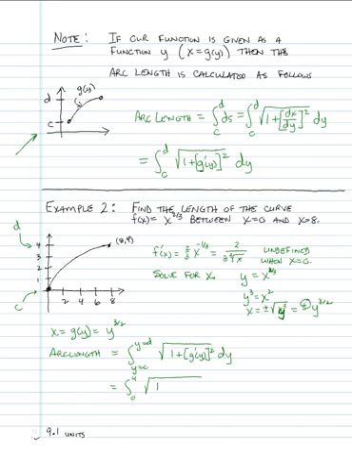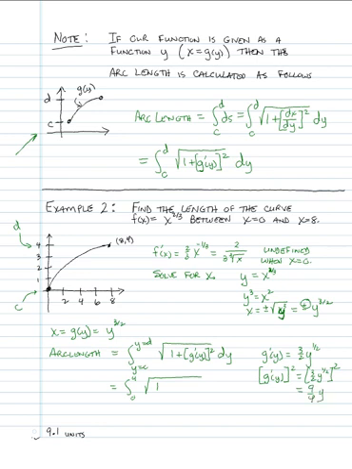Well, g prime of y is equal to 3 halves times y to the power 1 half. And then we're going to square that. So g prime of y squared is equal to 3 halves times y to the 1 half, squared, which is 9/4 times y.